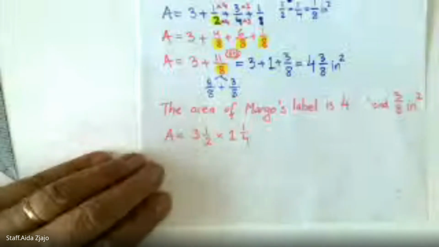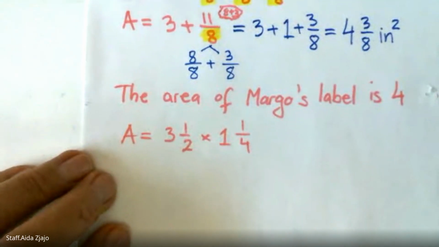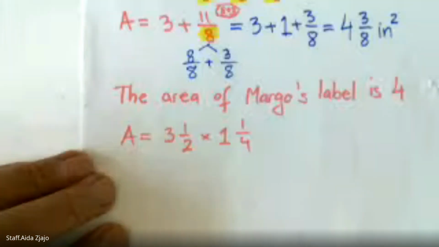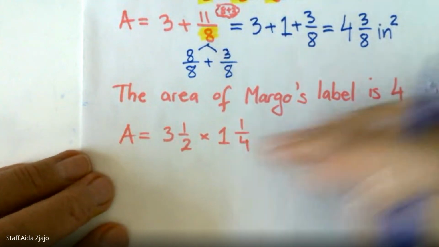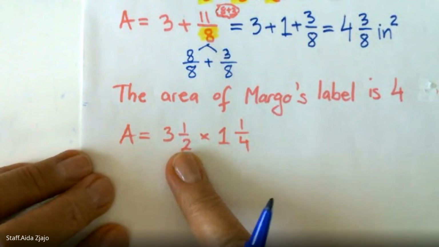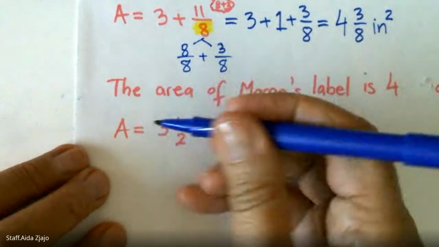If I use the distributive property, it will match with my area model, but I also have the possibility that I can change all these 3 wholes into pieces and use the rules of multiplication.